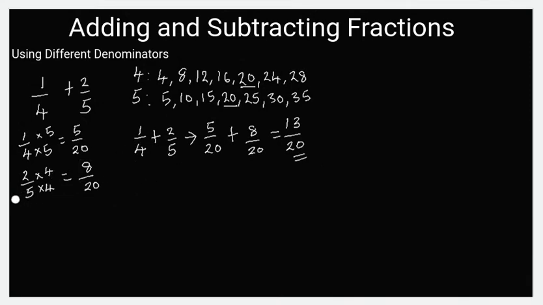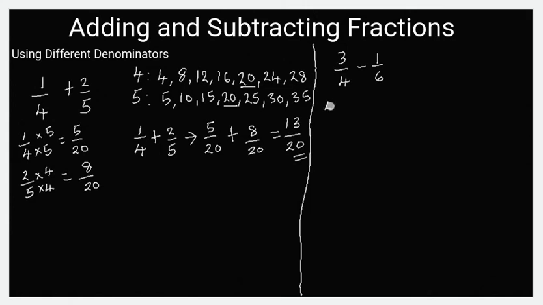Let's try subtraction. Let me see if we can work that out here. Okay, pardon the wobbly line. All right, let's try out 3 over 4 minus 1 over 6. Okay, so we find the multiples of 4 and 6. That would lead us to the least common denominator.